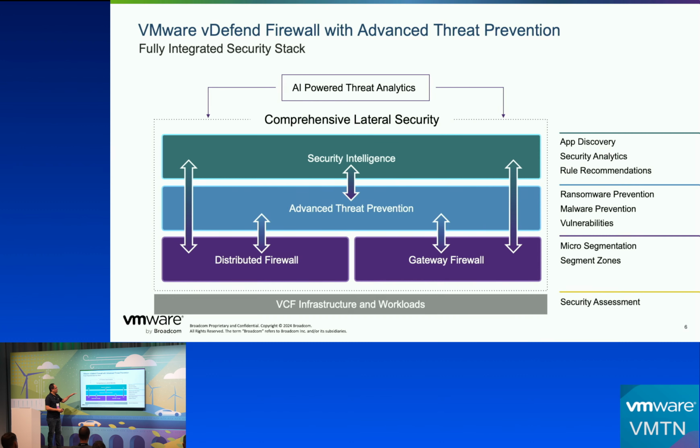And on top of this, it is all AI-powered threat analytics. We have a great threat intelligence team sitting in the back end providing real-time threat intelligence information, for example, IDS signatures, WAF signatures, or ATP-related signatures released on an hourly basis.